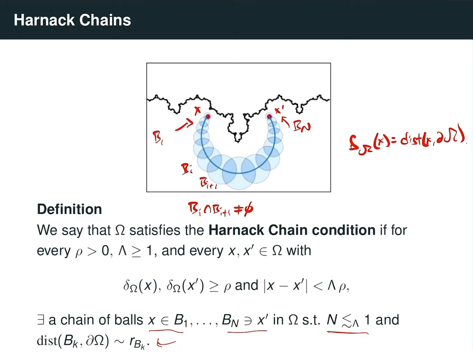So why is this an important property for harmonic functions? Well, as the name suggests, recall that Harnack's inequality says that if we have a ball B and we have a positive harmonic function u in B, and assume that this ball is also far away from the boundary of omega, then the minimum of u inside this ball is comparable to the maximum of u inside this ball.